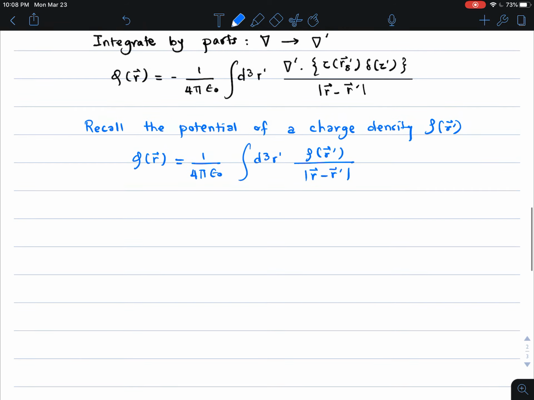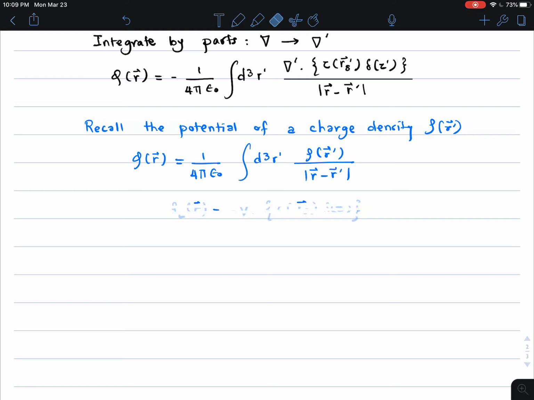And so by comparing this with the expression that we found, we get the charge density of the layer rho of r as negative divergence of the tau of rs delta of z.